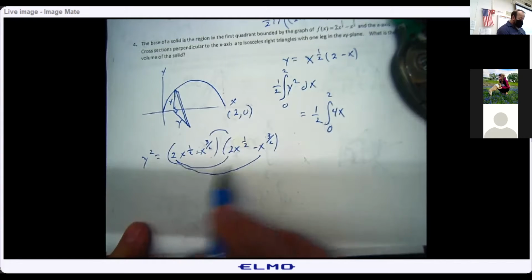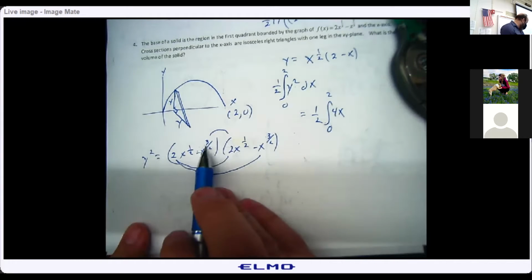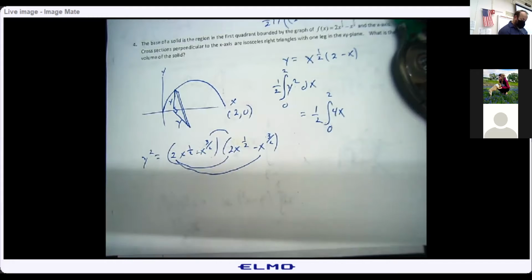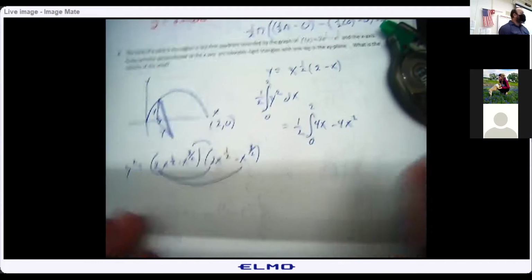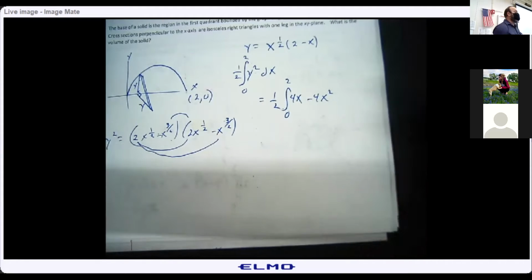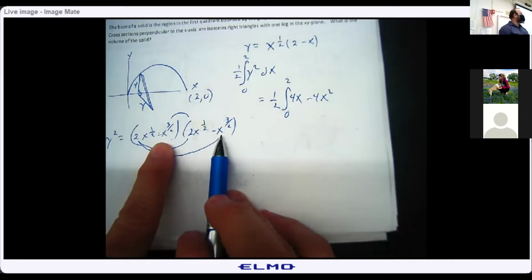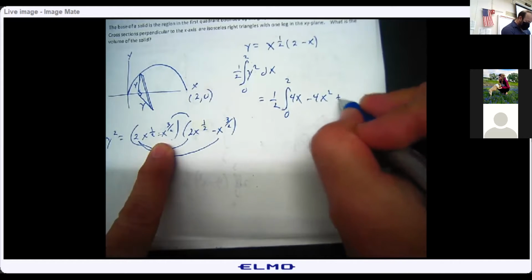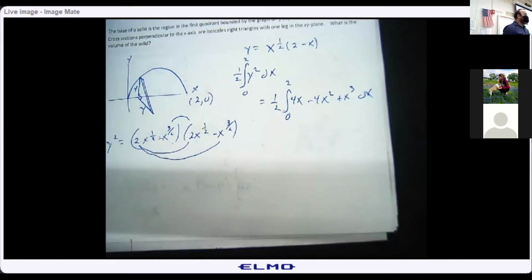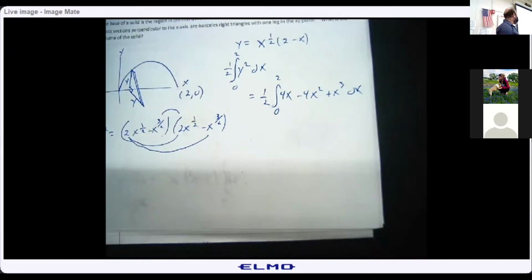So if this is negative 2x squared and this is also negative 2x squared, then what do we have? So this problem looked like it was going to be a beast, and actually it's not being that bad. What's the only thing I haven't dealt with? I haven't done the very last one. So what is negative x to the 3 halves times negative x to the 3 halves? Positive x cubed. And that, ladies and gentlemen, is about as nice of an integral as you're going to see, isn't it? Pretty nice.